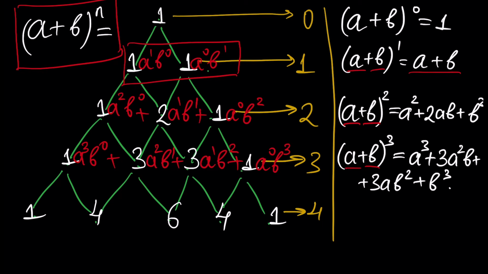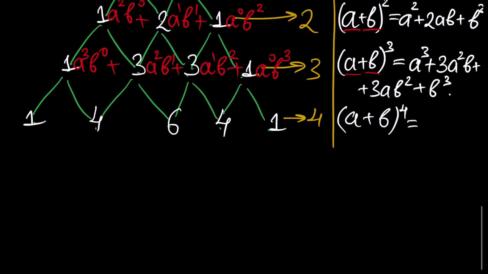Let's again write the shortcut formula for (a + b) to the power 4. It will be along the same way. We take our first element and write it here along line number 4 as a to the power 4, a to the power 3, a to the power 2, a to the power 1, and a to the power 0.